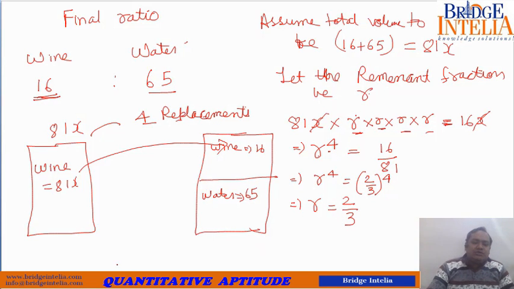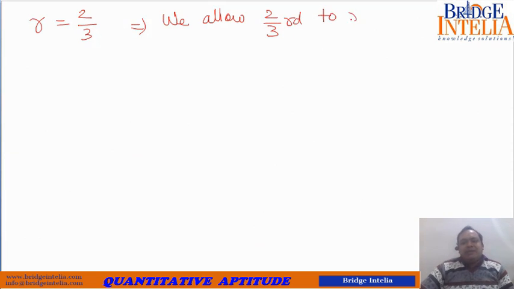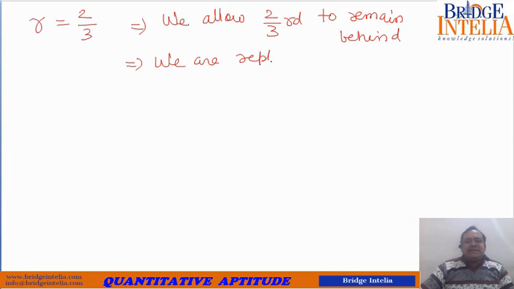So R is equal to 2 by 3 means what? It means we allow 2 by 3rd to remain behind, and that means we are replacing only 1/3.